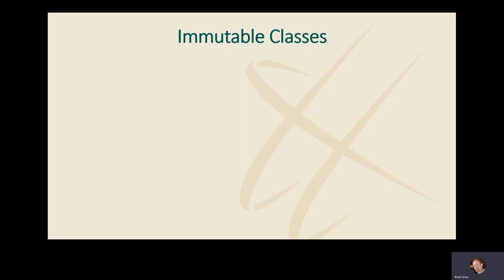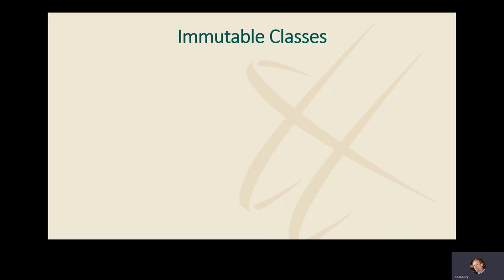So now, while reviewing all this stuff, we've gone through what an object is and how they hold state and how they have behavior, and we've seen different types of objects. But we also have to talk about this specific type of object, this type of class in Python called an immutable class.